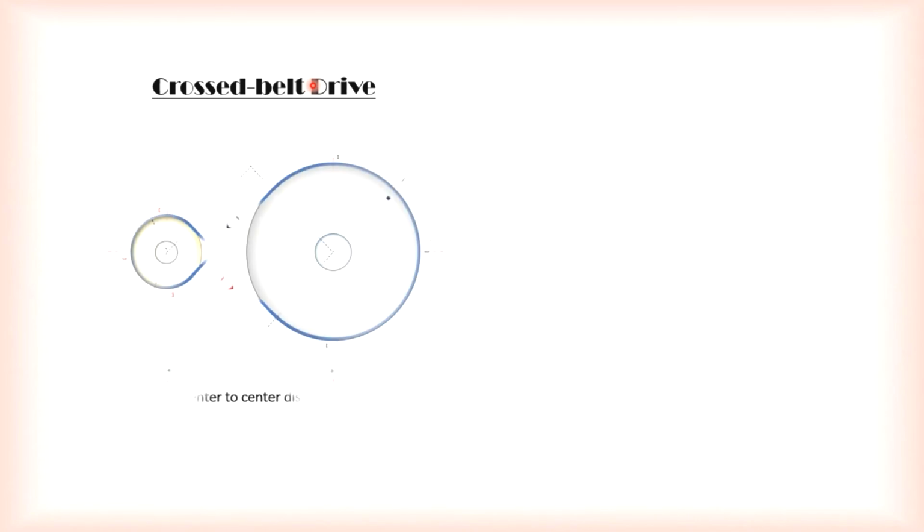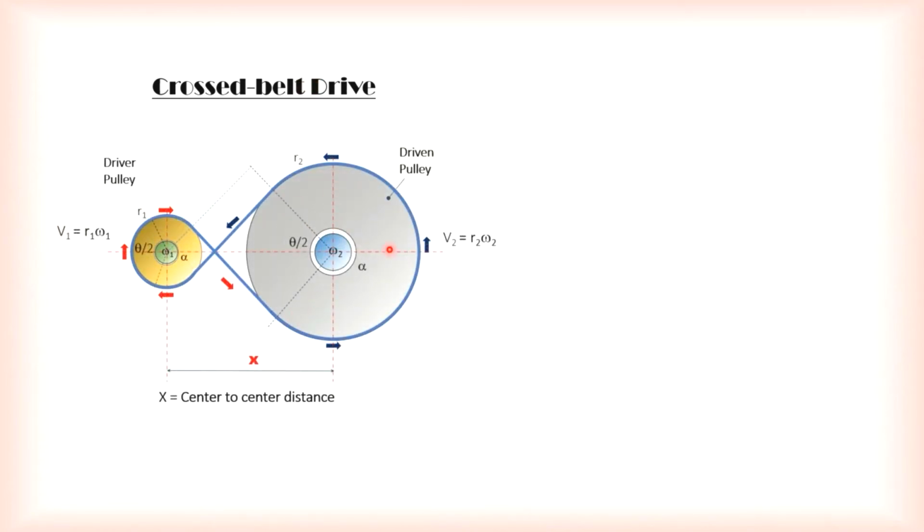For a cross belt drive, this is how it looks. Here in this case, the smaller pulley, which is the driver pulley, is rotating in clockwise direction.